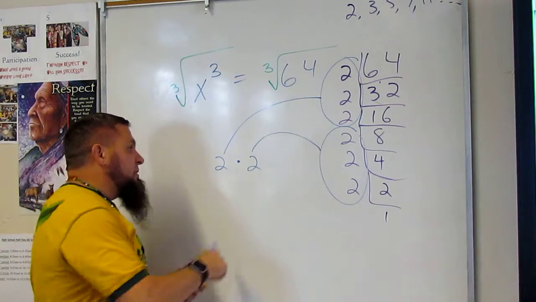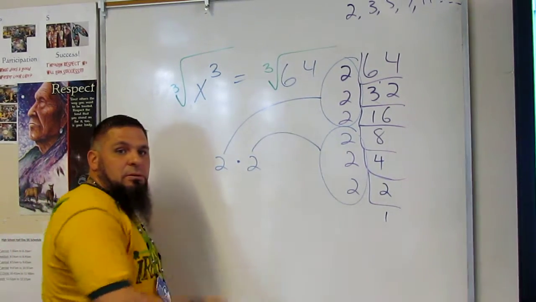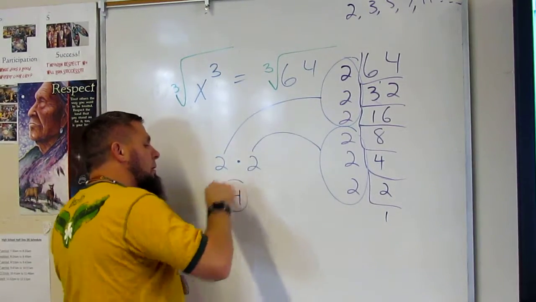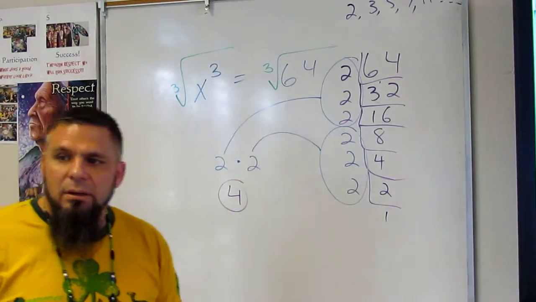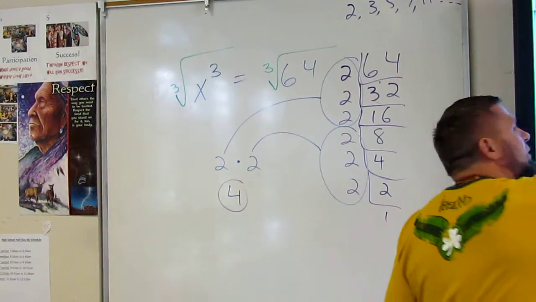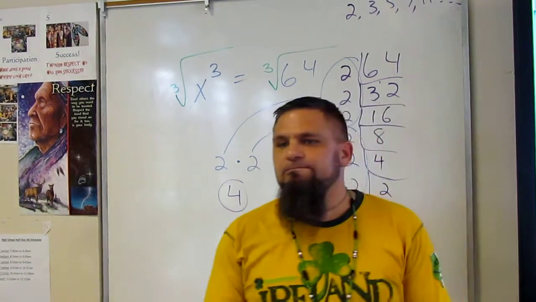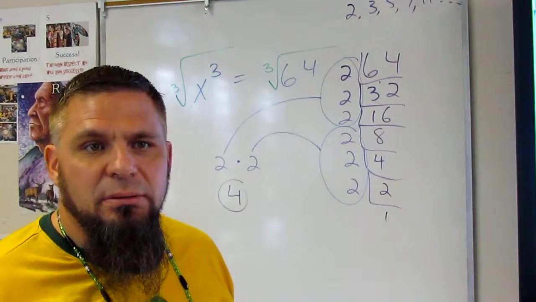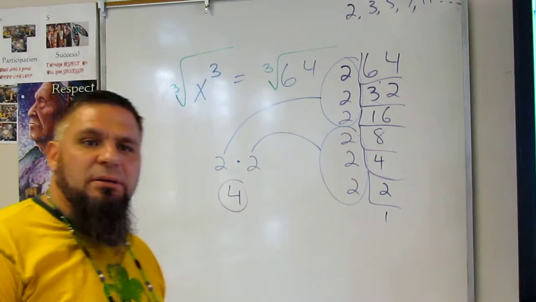And what I'm left with is what? 4. Okay? This cone is 4 times as big as this cone. That's the ratio, 4 times as big.